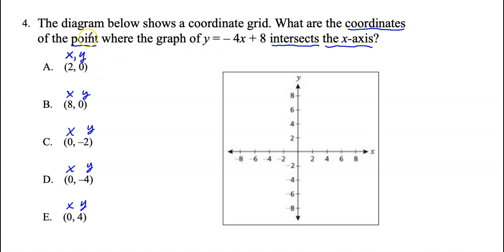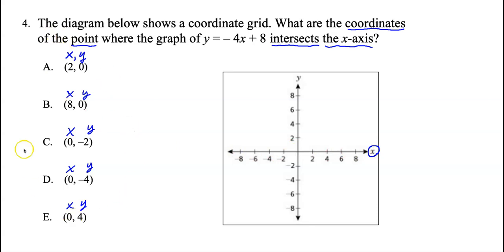Now, we're trying to figure out the coordinate of the point that intersects the x-axis. Intersects means to touch. So another way to think about this is we are looking for the coordinate of the point that touches the x-axis, and this is my x-axis.